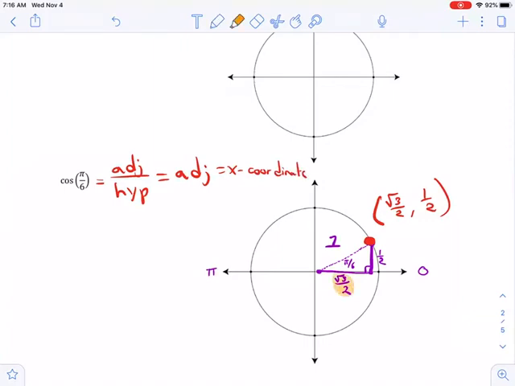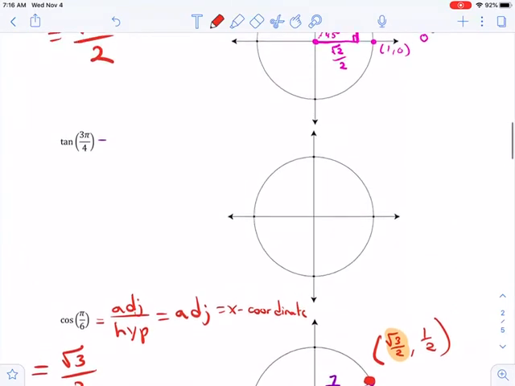So the adjacent side to that pi over 6 is square root of 3 over 2, which is just going to be our x-coordinate. So cosine of pi over 6 is square root of 3 over 2. If you plug in cosine of 30 degrees into your calculator, you'll get some number, and that number is equivalent to square root of 3 over 2. We prefer the radical just because it's going to be more accurate than the decimal that we end up with.